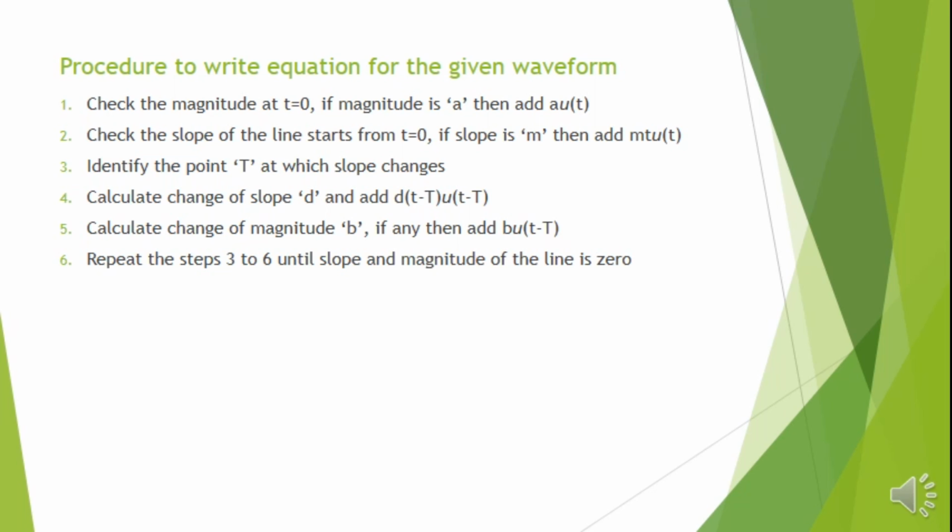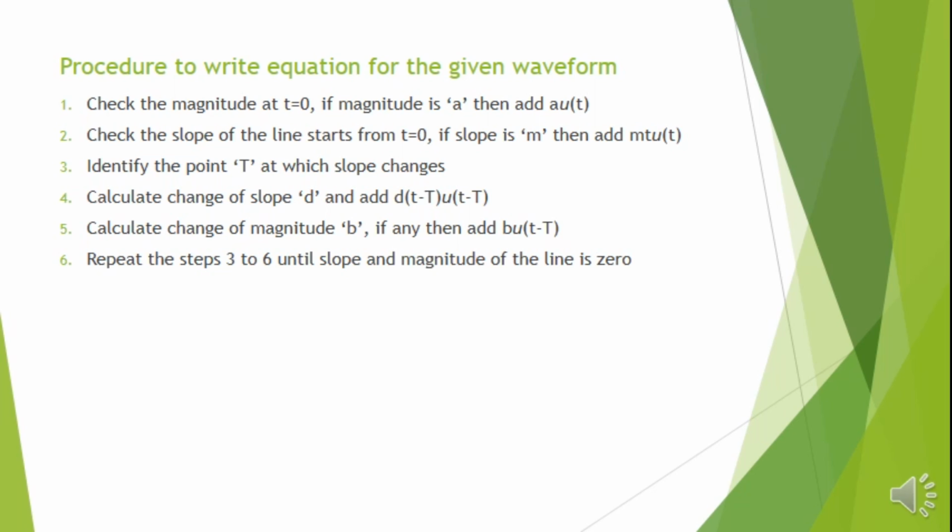This is the first step. Then check the slope of the line that starts from t equal to 0. If the slope is m, then add m t u of t.